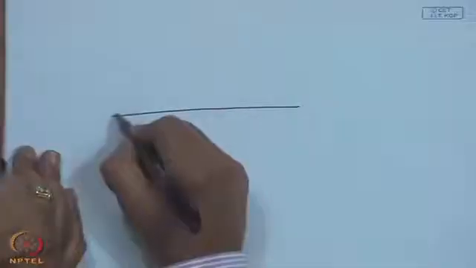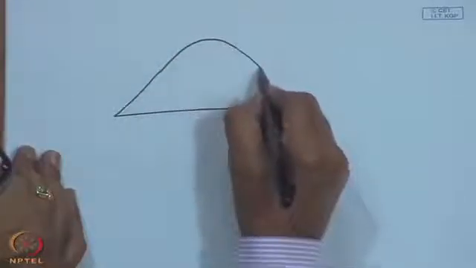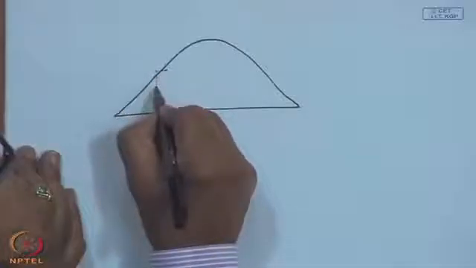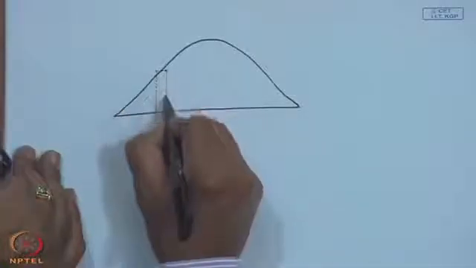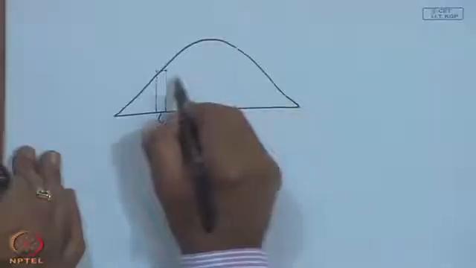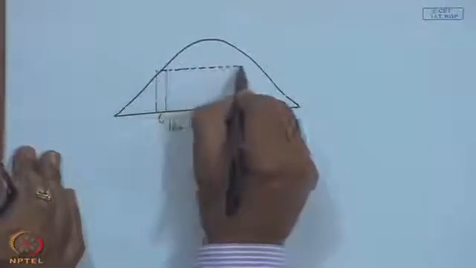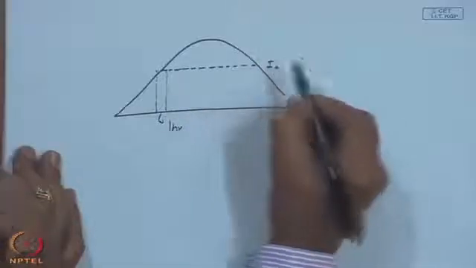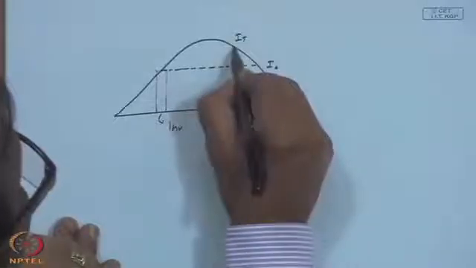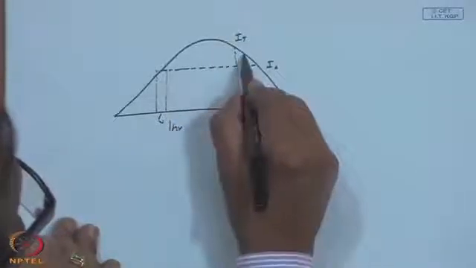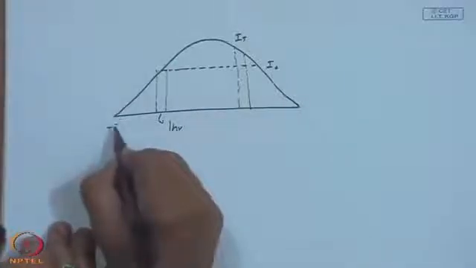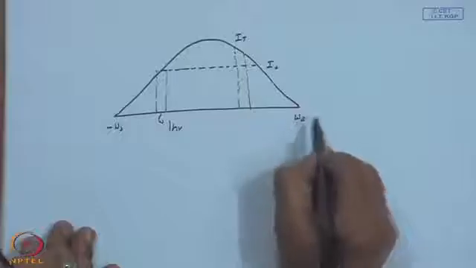So, with reference to the previous diagram, what we really calculated is something like this. This is 1 hour and this is continued, and that is what I am saying as I c, or else this is I t. I t is each hourly interval, from minus omega s to plus omega s.